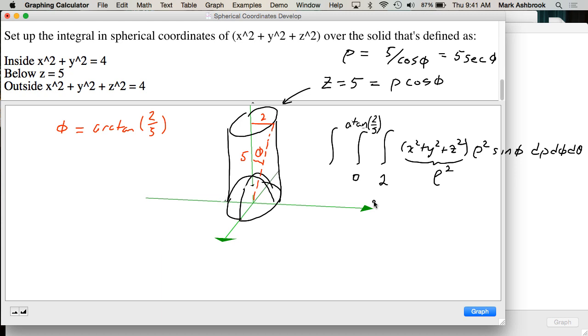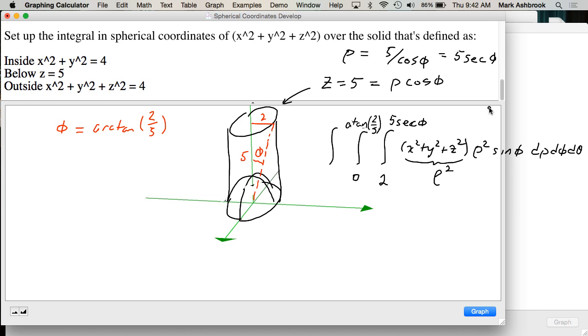what does rho do? Rho goes from the sphere to, as we found before, 5 secant phi. We found that a z value of 5 is the same as rho being 5 secant phi.